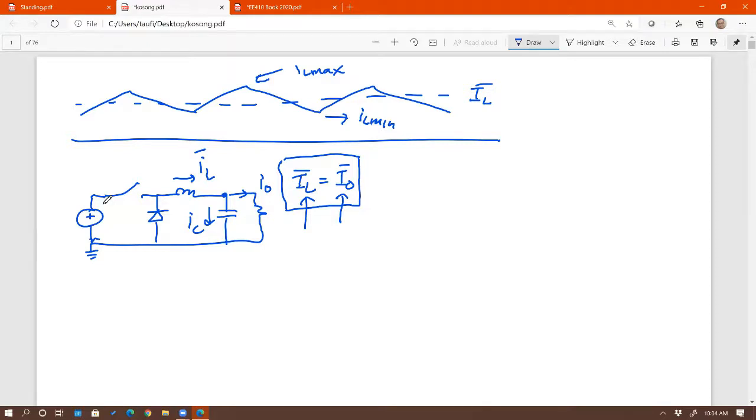It's very important to be able to size components or look at different quantities in the converter based on the values given, before you even design the converter.